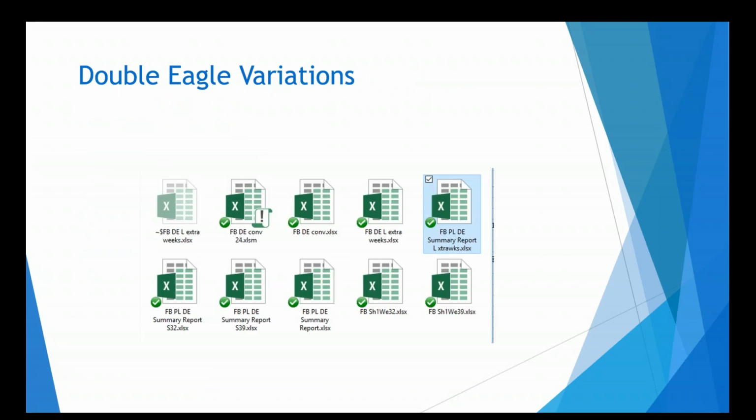So there are quite a few different variations of the double eagle. It's not quite exactly the same trade every time, and usually the variations come because we're dealing with estimated dates on earnings. We've determined that the time to put this trade on is about 4 to 5 to 6 weeks ahead of the earnings event.